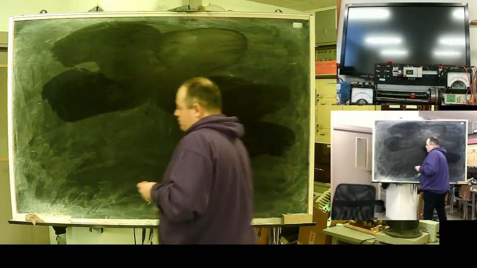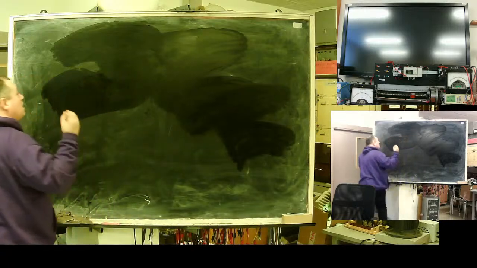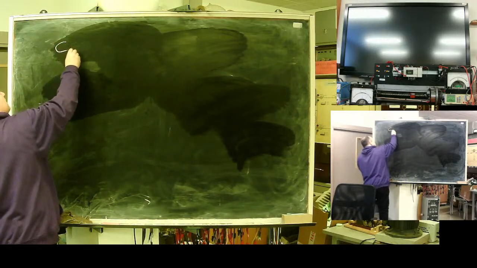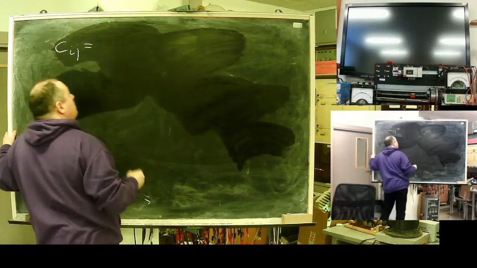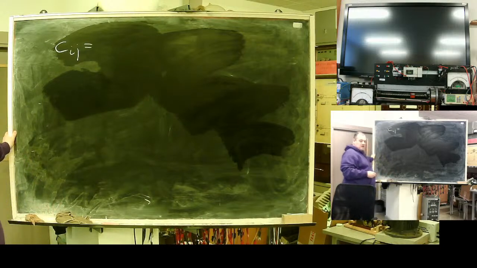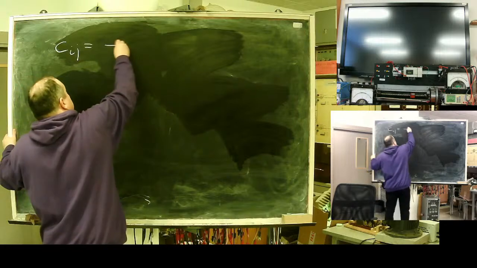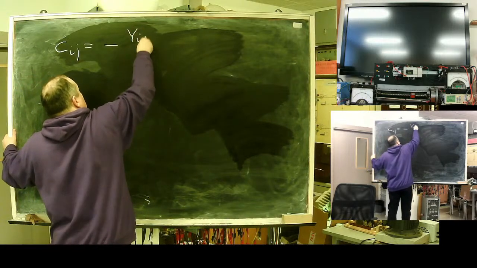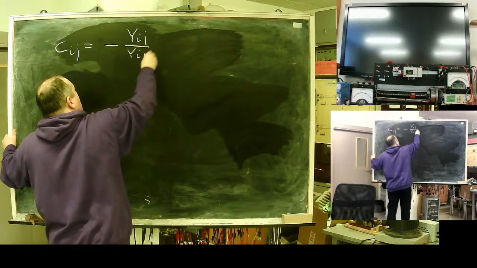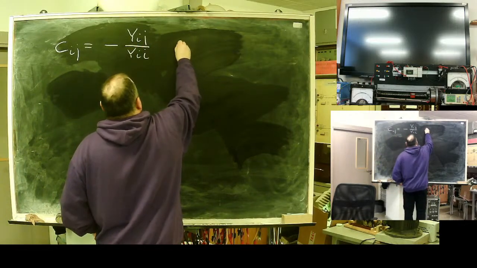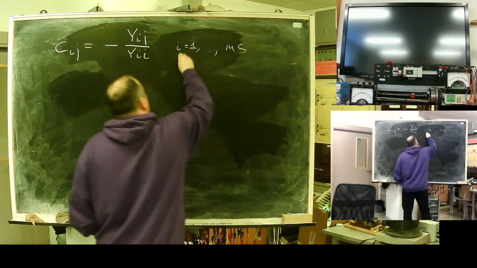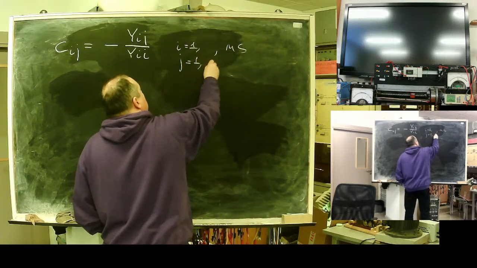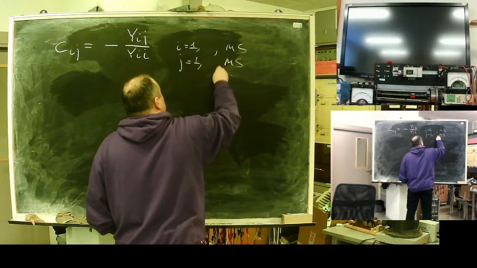See the modified version. In the modified version, this transfer matrix should be derived from the nodal admittance matrix divided by the diagonal element, for each i from 1 to the number of nodes and for each j from 1 to the number of nodes.